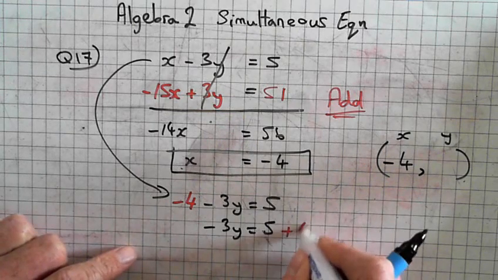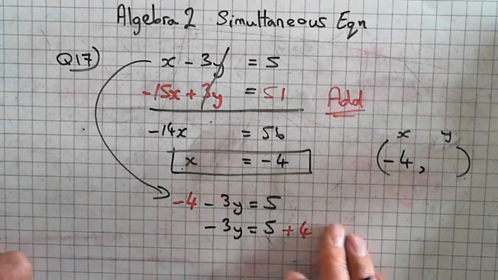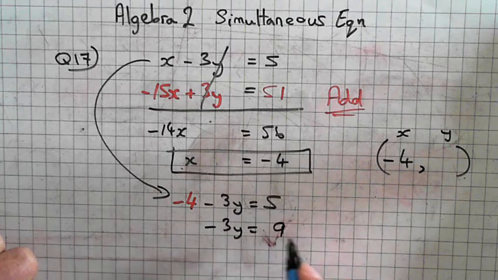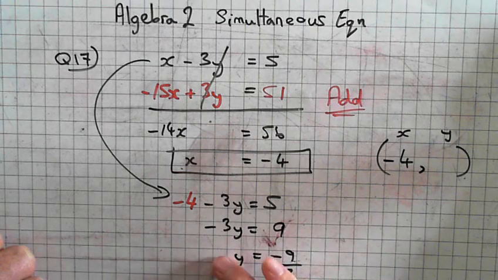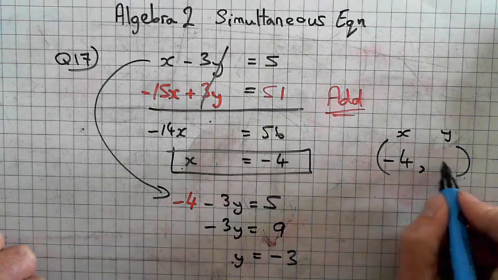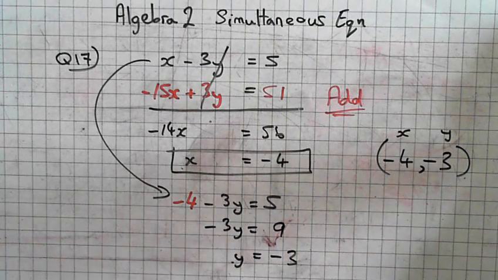It becomes minus 4. 5 plus 4 is 9. y needs to be positive. Change the sign. Divide both sides by the number in front of the y, 3. So y is equal to 9 divided by 3, minus 3.